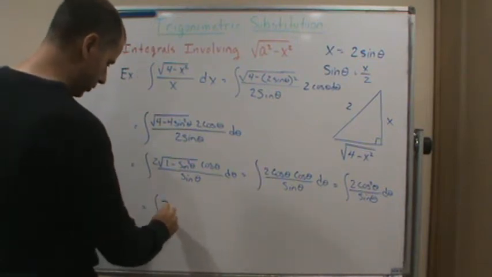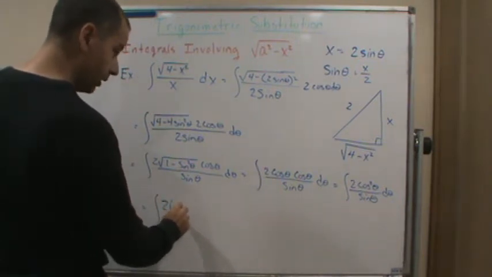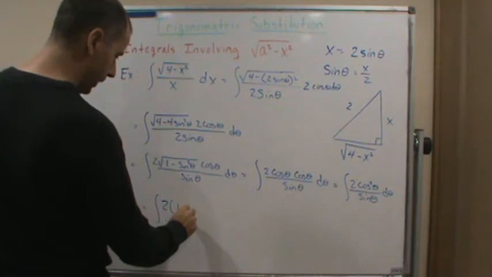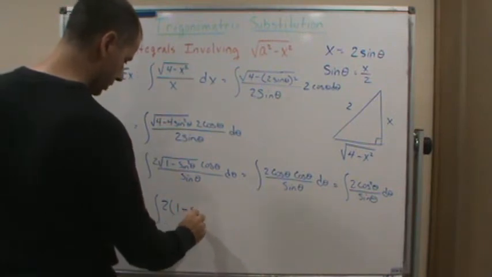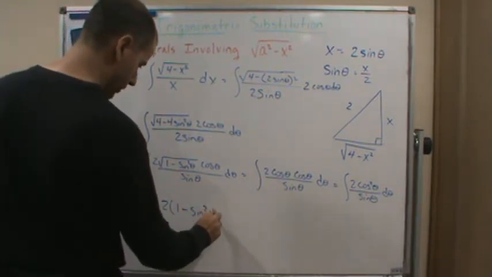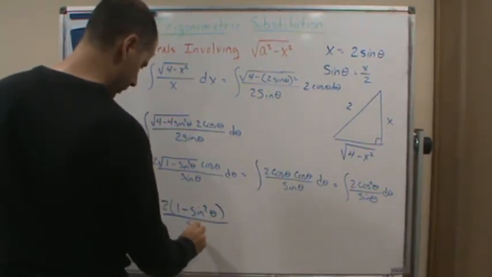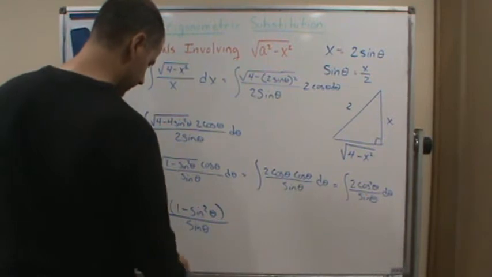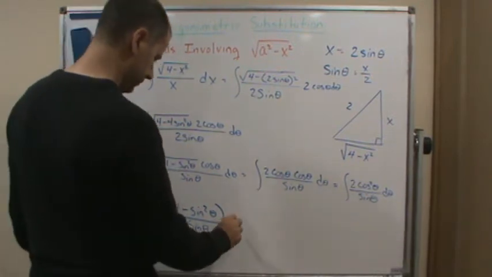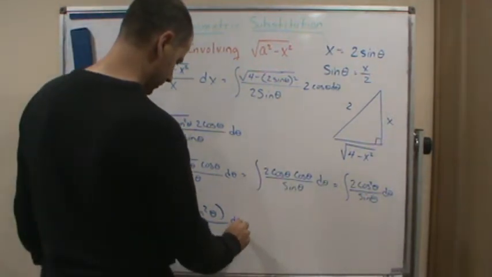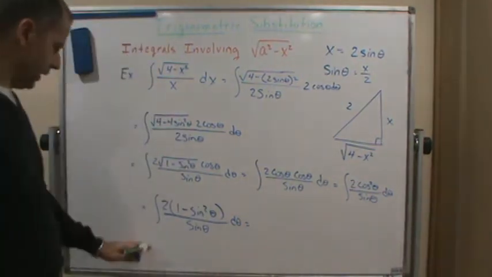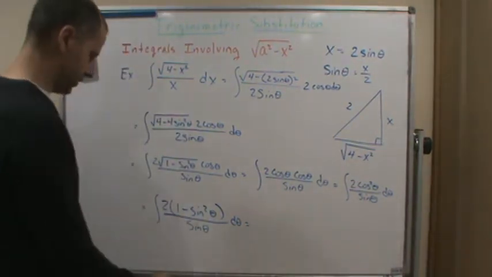So we do 2 times 1 minus sine squared theta over sine theta d theta. And then let's break this up into 2 fractions.